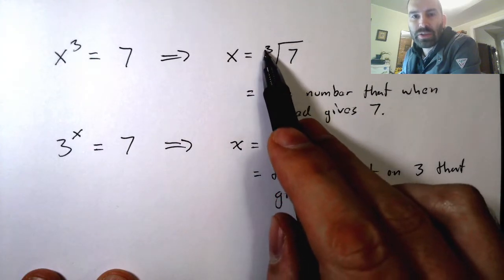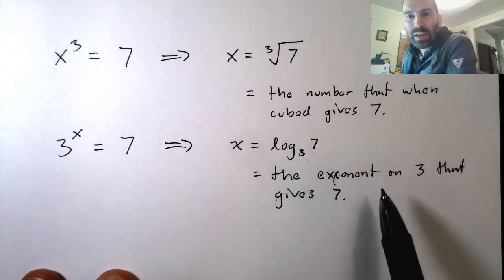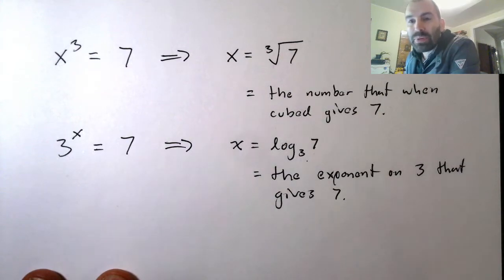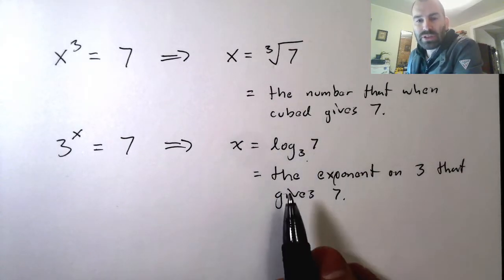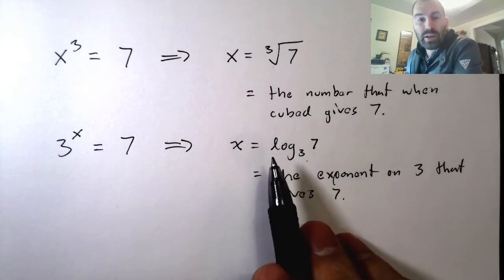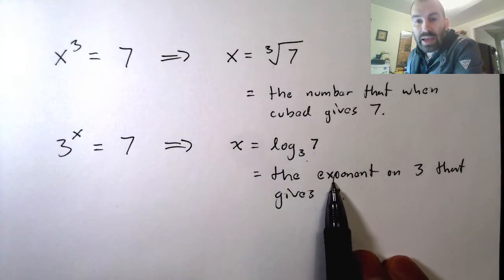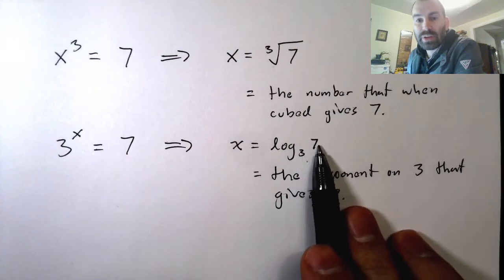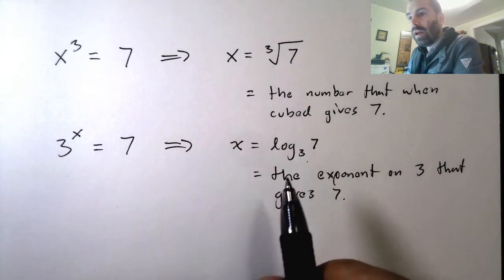And notice how, just like we wrote the 3 over here, we're writing the 3 down here. So it's completely analogous to this. Just by getting used to these, you can come to terms with what they mean. But if you just think about it this way, the logarithm gives you the exponent on 3. It's the exponent on 3 that gives 7, and that's what x is here.